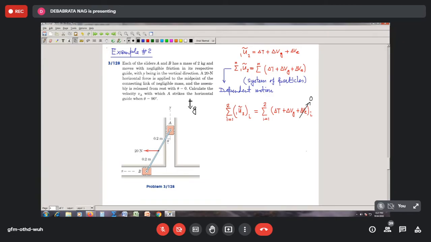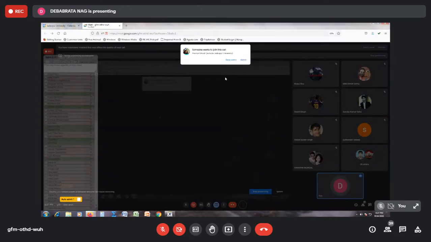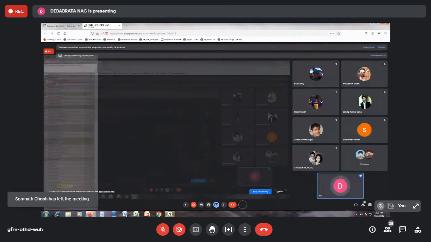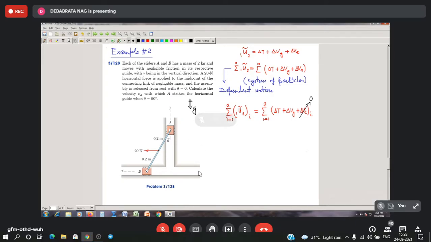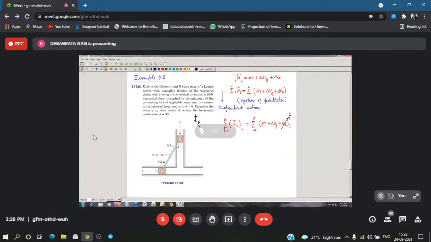Since there are no springs and no active force except gravity, I require only the work done by this 20 Newton force. Correct?